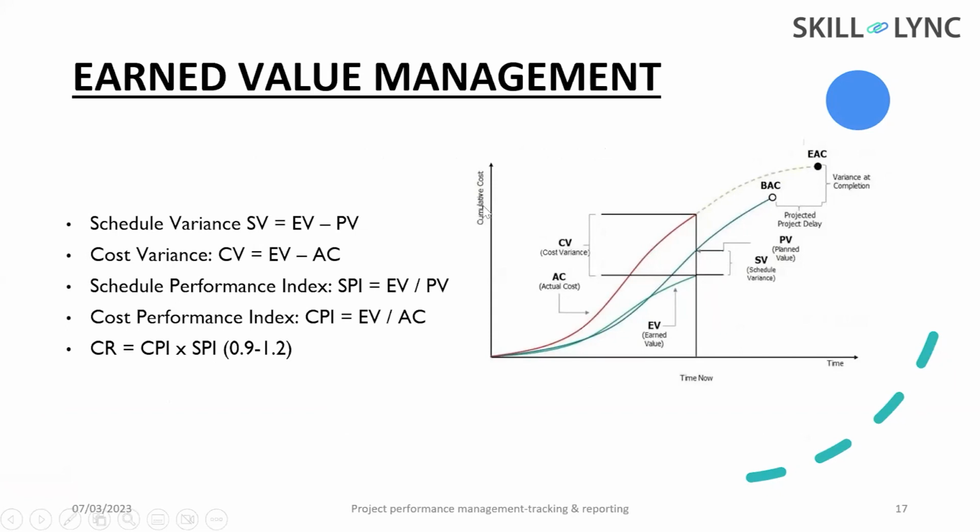Here we consider the planned money or estimated money, the actual cost incurred, and the percentage of completion as well. We will consider all these factors and find out whether the project is on the right track or not. So here we can use these equations.